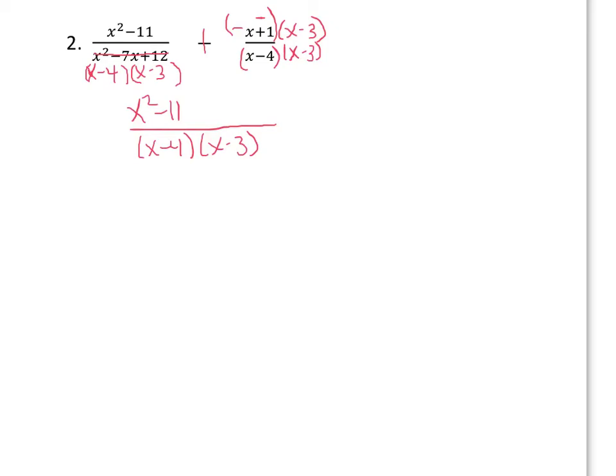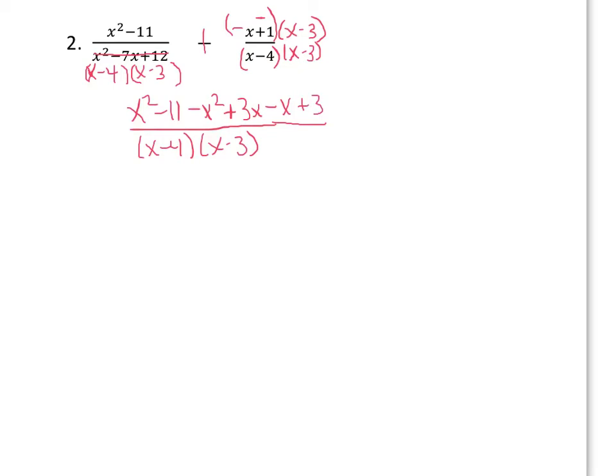I'm going to go ahead and use FOIL. So I'm going to have negative x times x, which is minus x squared, negative x times negative 3, which is a positive 3x, negative 1 times x, negative x, or negative 1x, however you want to write it, and then negative 1 times negative 3 is positive 3, so plus 3.